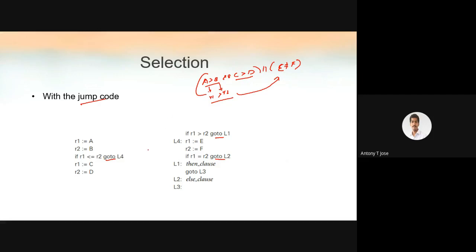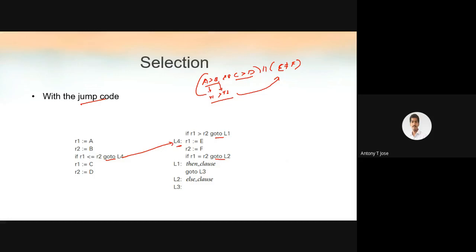Here we are checking for the OR condition. If the result is false, that is A is not greater than B, that is A less than B, R1 less than R2, since this condition is false, it will go to L4. Which condition?